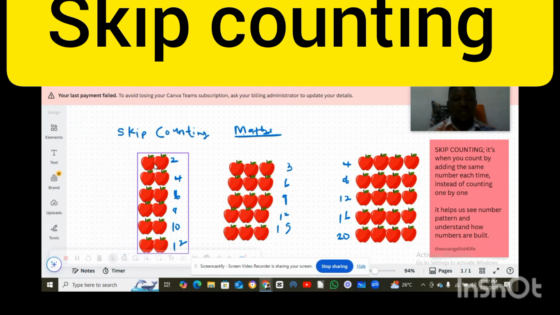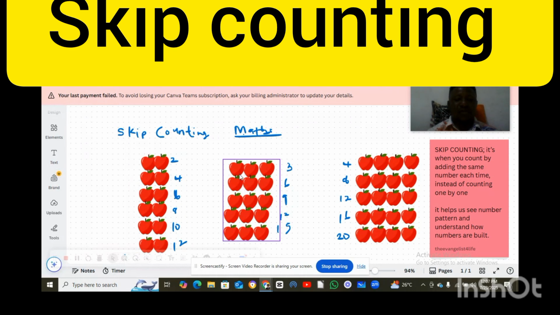Look at this apple now. The first row you have two apples, 1, 2. You have another two, 1, 2, 1, 2, 1, 2. You can see we keep having 2 apples, we keep repeating 2 again and again.